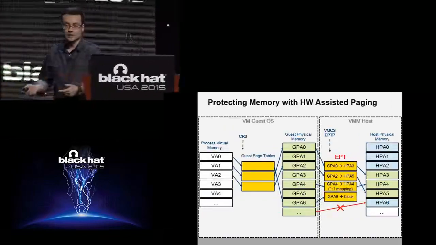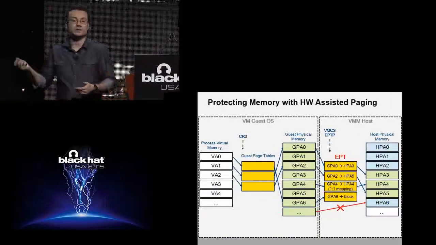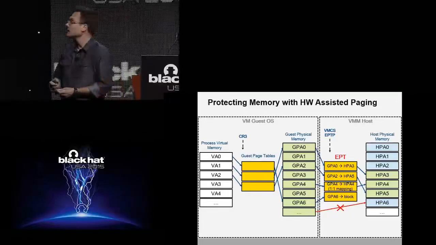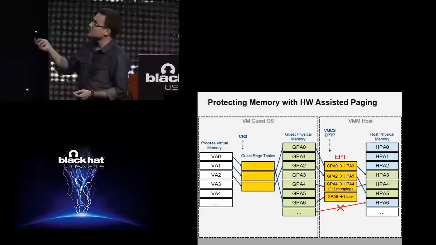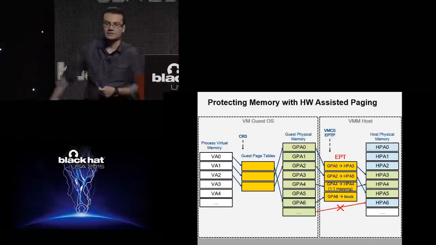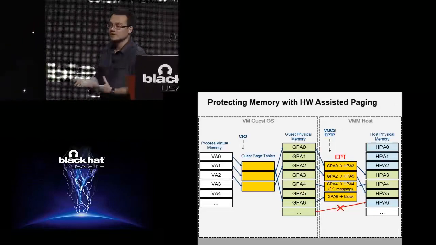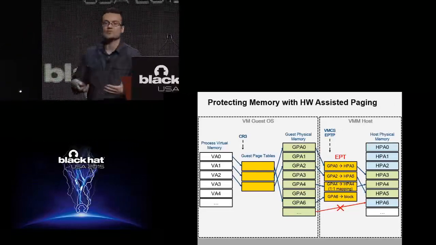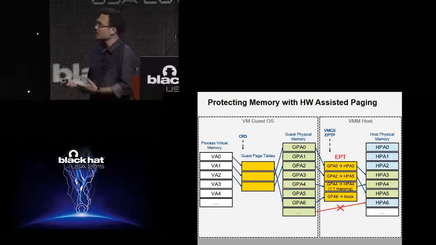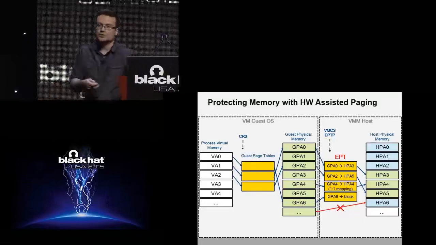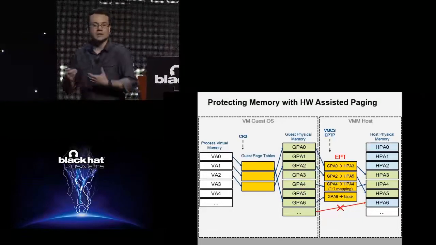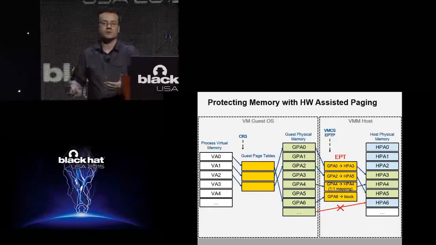So one example of those protections is extended page tables, or hardware-assisted paging. The guest, which you can see on the left of the slide, now doesn't really have access to, doesn't really see the actual real physical memory. After translating its own virtual addresses to physical addresses using the guest page tables, those physical addresses are not really real physical addresses.